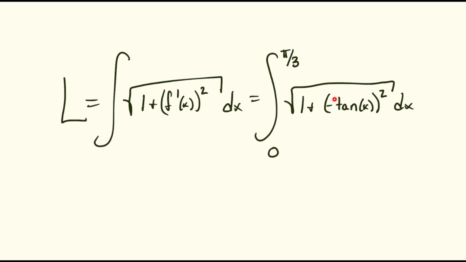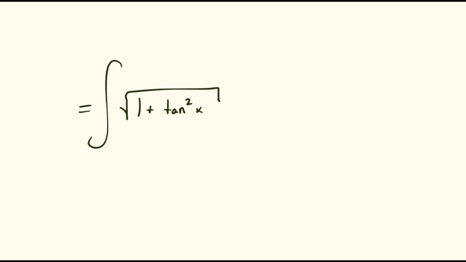Now, of course, you'll notice with the negative sign out front, the fact that we're squaring it is going to kill that. So we are going to end up with the integral of the square root of 1 plus tangent squared of x, dx.